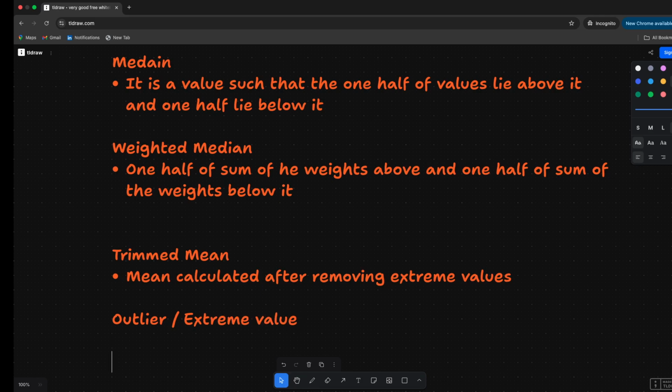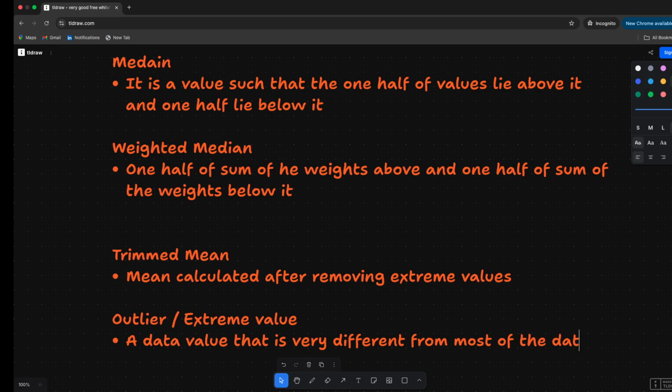This is a value which is very different from the majority of the values, data that is very different from most of the data.